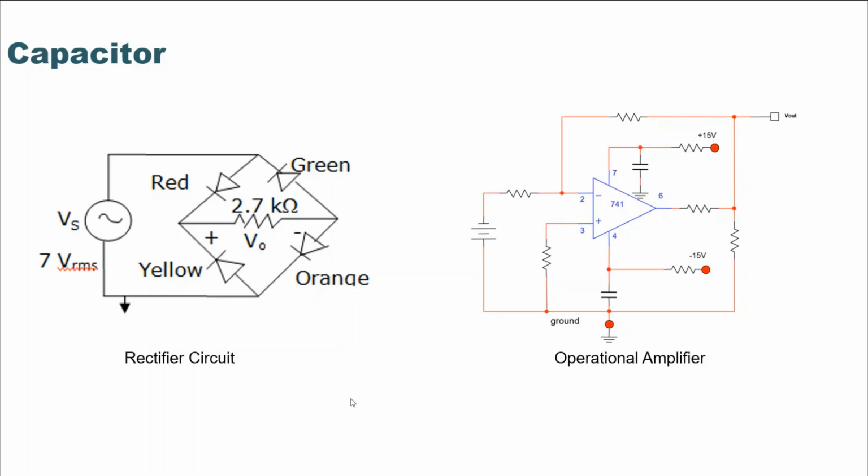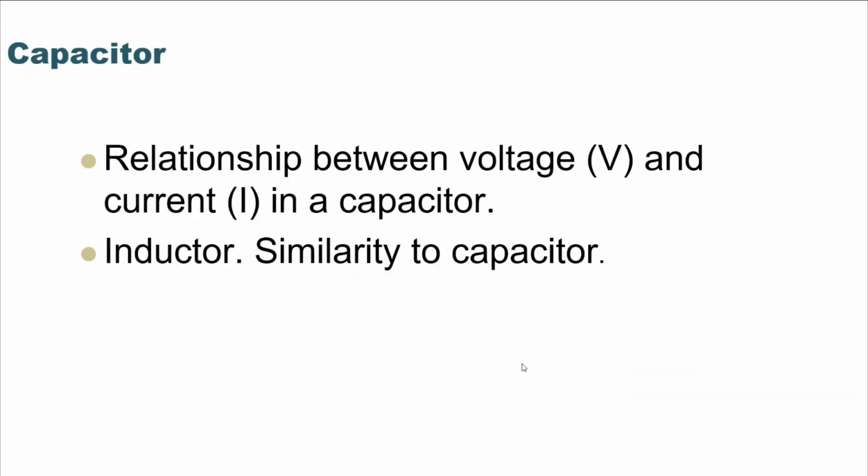In today's lab, we're going to talk about another interesting property of capacitors, which is the relationship between voltage and current in a capacitor. We're also going to introduce inductors, which have many similarities to capacitors.